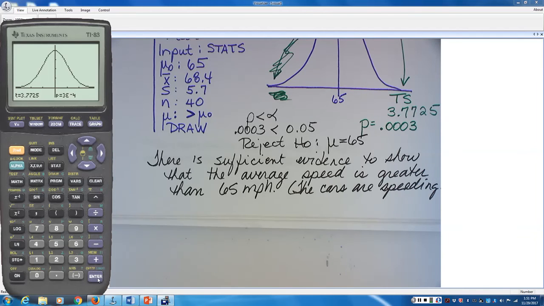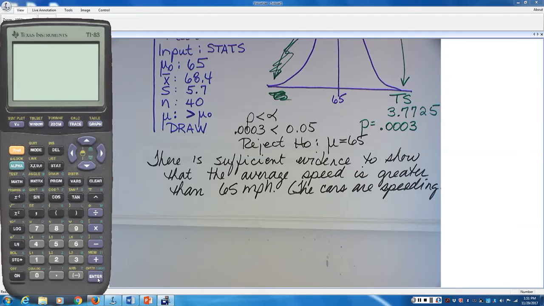And I wrote down the kind of common sense conclusion, the cars are speeding. That's not strictly true. The cars aren't speeding, the drivers are speeding. Cars can't speed if the driver doesn't give it gas.